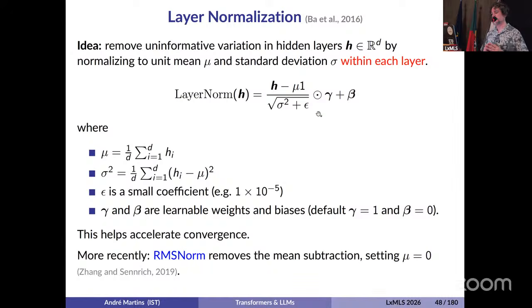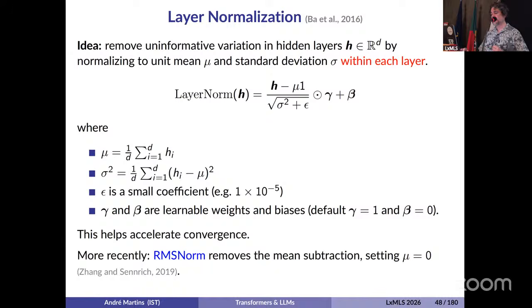Then you can make it more customizable and multiply by some learnable weights and add some bias, gamma and beta. You should not worry too much about this. You can assume that this is 1 and this is 0, so you only have this part here, for simplicity. In fact, this also makes convergence faster.